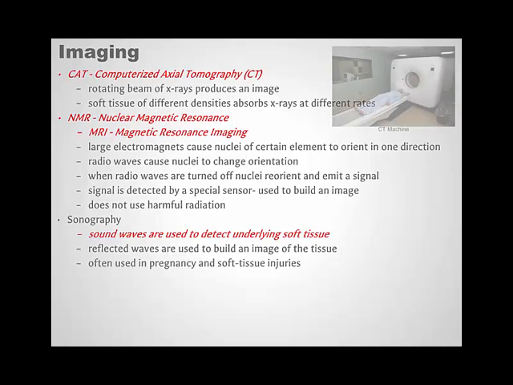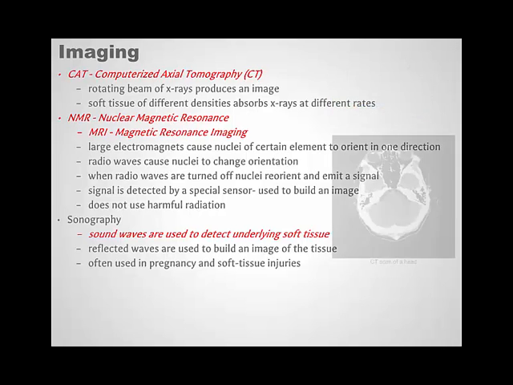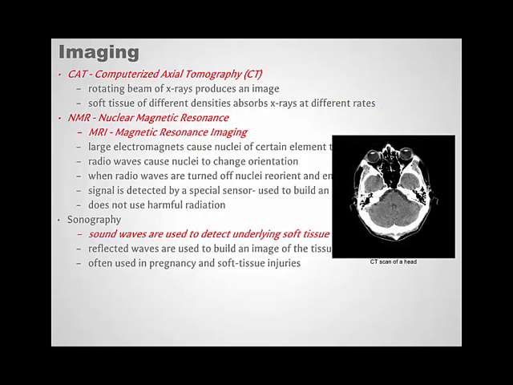So this is a CT machine, to do a CAT scan. That's a CT scan of a person's head, and you can see their brain, their sinus cavities, their eyes, and it forms this layered image where you can go through the various layers to look at different parts of that person.